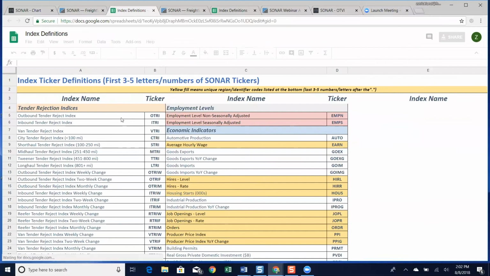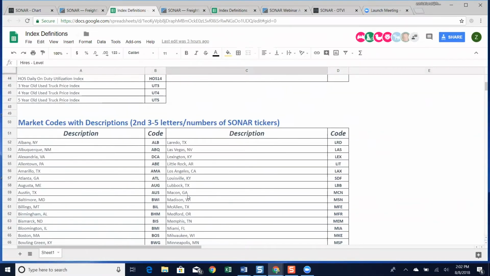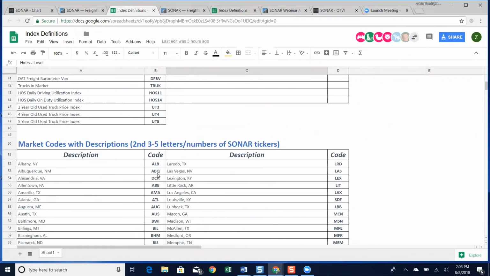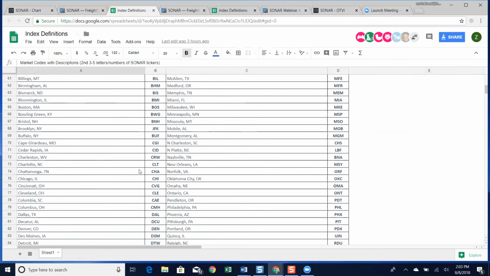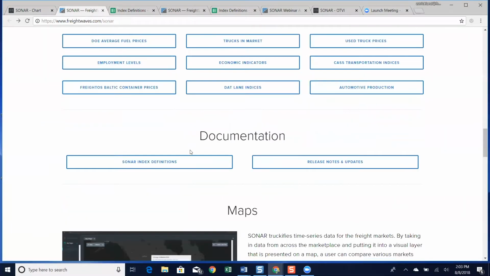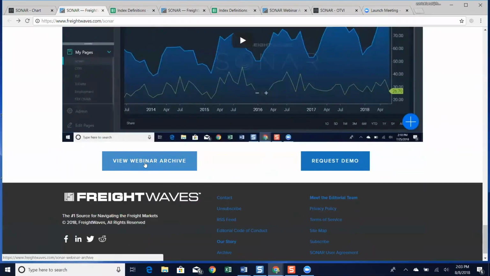Very informative. You can go down to the documentation. The SONAR index definitions will give you the tickers of all of the different indexes. Once you've decided on a ticker you want to see, you can type in the ticker and then the 3-digit market code that corresponds with the market you're looking for. So all of that information is there. And then the newest addition to the site, which was actually, I believe, added today, is our webinar archive.